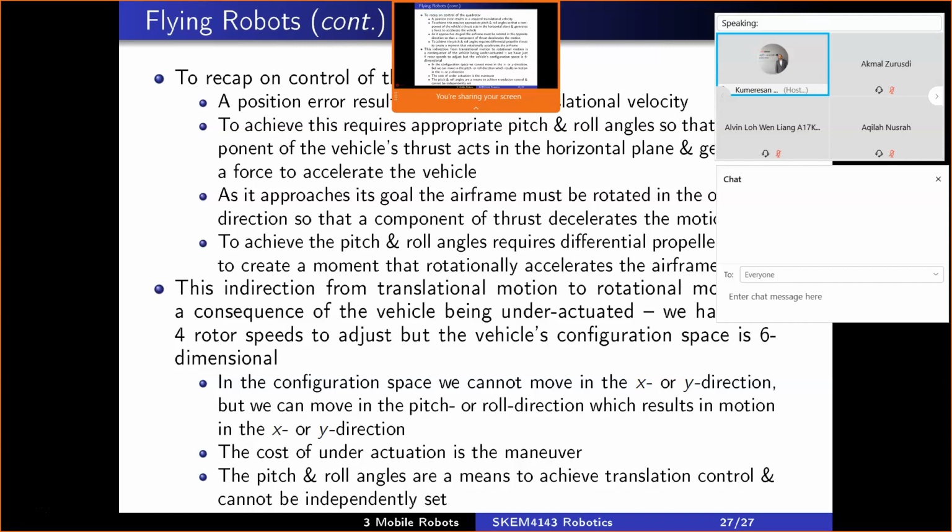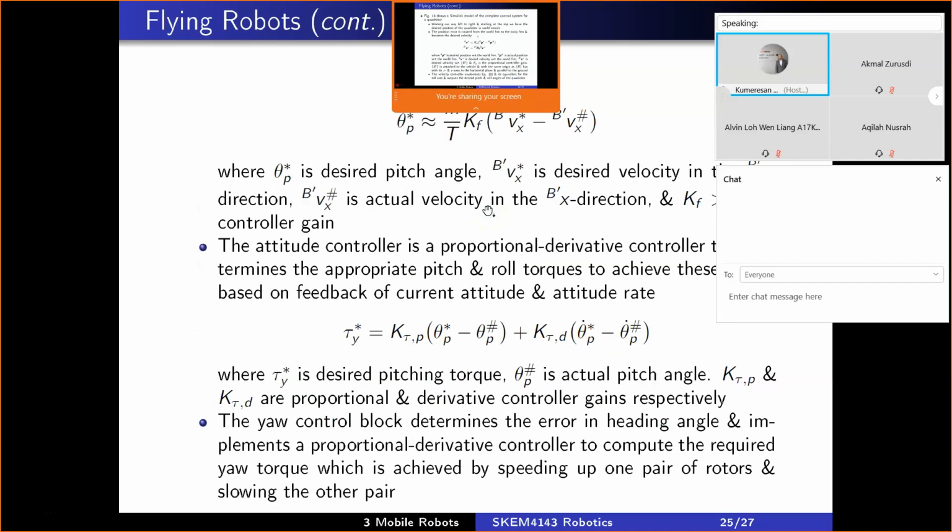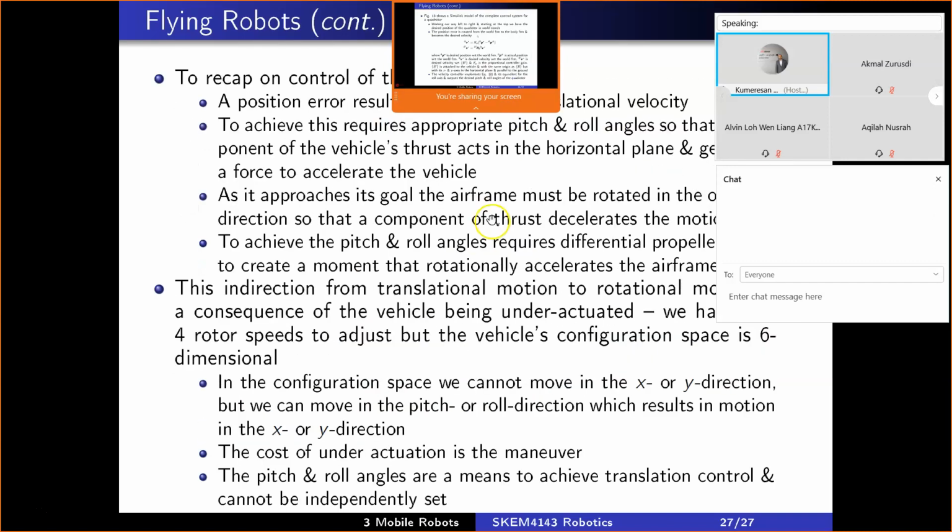So you see, just to move the quad rotor from one position to another, you have to do all these operations. So that's why we had to use the nested control structure.